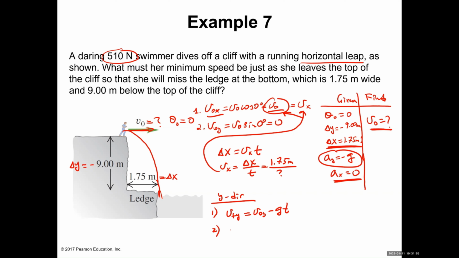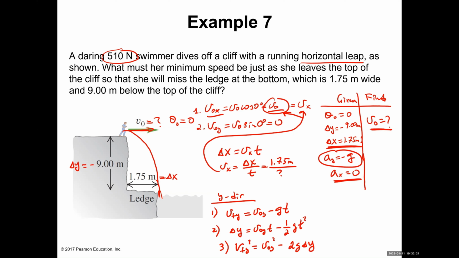Equation 2: delta y equals v initial y times t minus 1/2 gt squared. Equation 3: v final y squared equals v initial y squared minus 2g delta y. Let's say those three are enough for now.